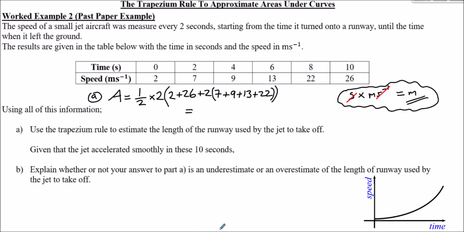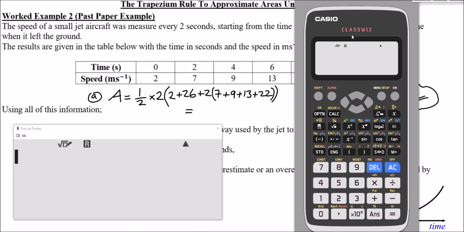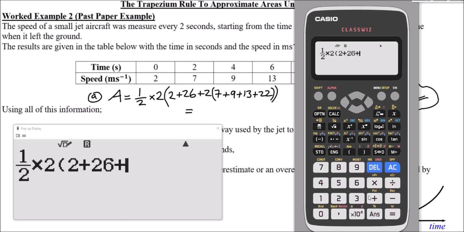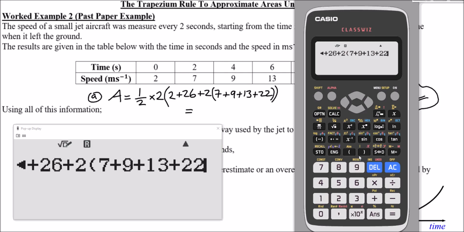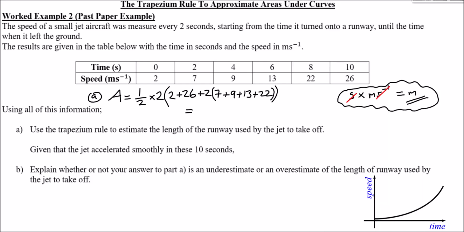Close off the bracket and input that into the calculator and see what we get. So, half multiplied by 2, and I could just put 1, but I'm just trying to show you step by step, 2 plus 26, then 2 lots of 7 plus 9 plus 13 plus 22. And we get 130. So that's 130 meters in 10 seconds.